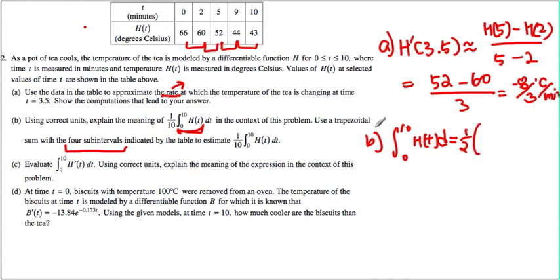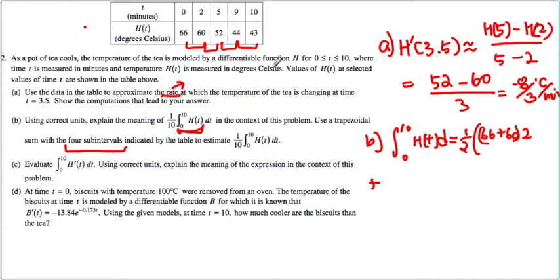Let's look at the first trapezoid. Base 1 becomes 66 and base 2 becomes 60. So 66 plus 60 times the height, which is the difference between those two, equal to 2. Since 1/2 is common, we just factor that out.